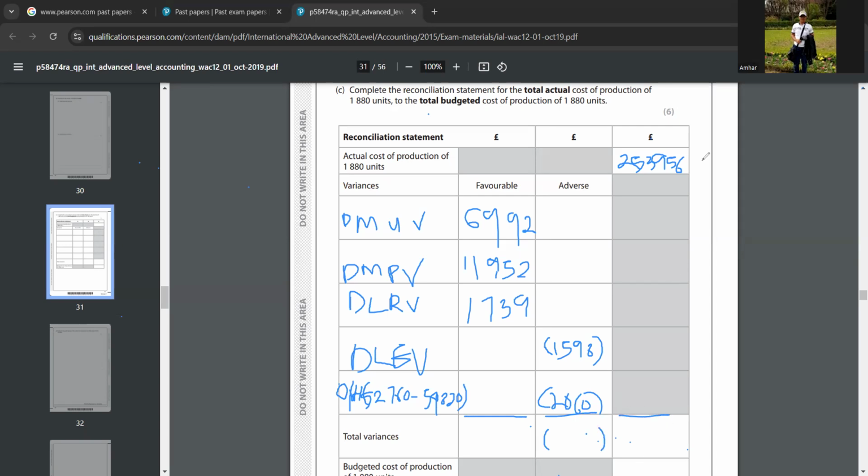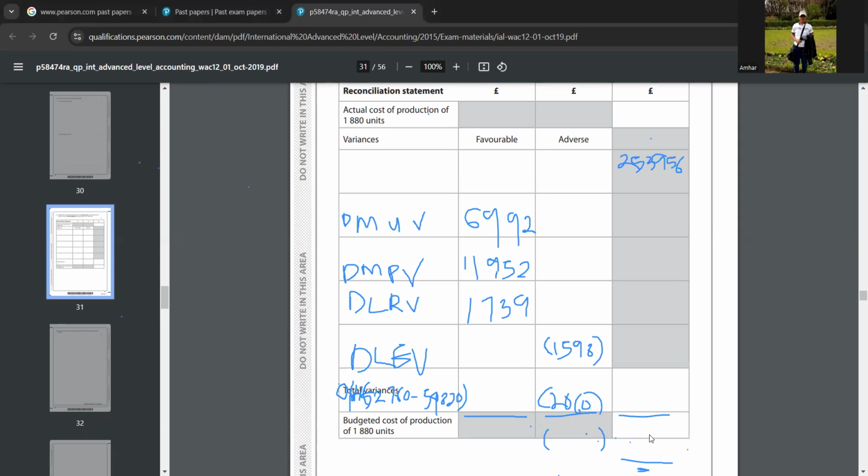Then the actual cost of production, that answer plus this total variance will give you the answer in this column, the budgeted cost of production of 1,880 units. Did you understand this whole question now? Yeah, I understood. Okay.